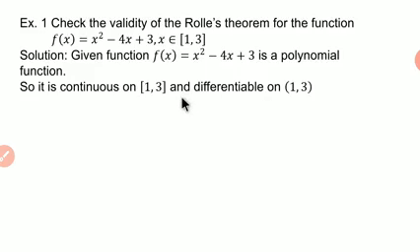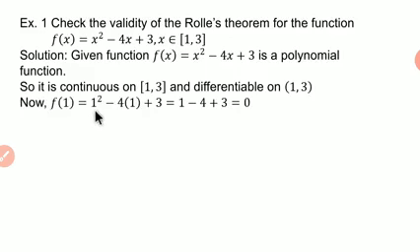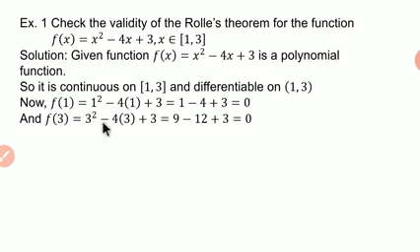Now also we must see the third condition gets satisfied or not. So now f of 1 is equal to, put here x is equal to 1 in the given function. So f of 1 is equal to 1 square minus 4 into 1 plus 3. That means 1 minus 4 plus 3 and it is equal to 0. And f of 3 is equal to 3 square minus 4 into 3 plus 3 means 9 minus 12 plus 3.